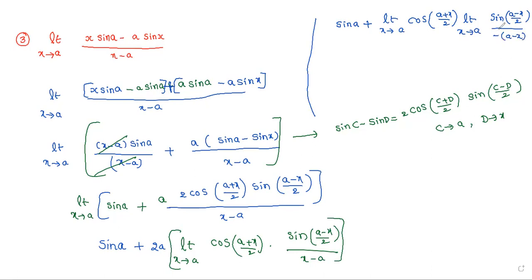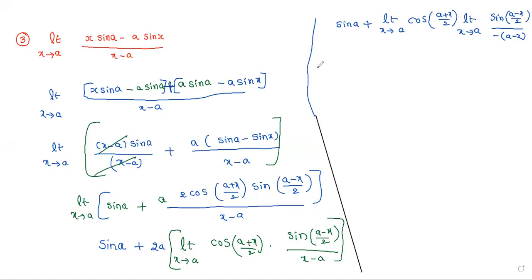Please observe me: both numerator and denominator are the same. Continue to the next step. So sin a plus, limit x tends to a, substitute the value: a plus a by 2.